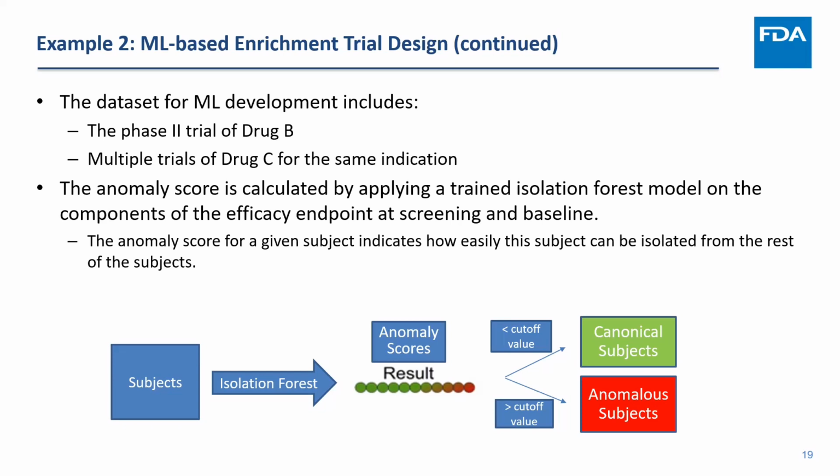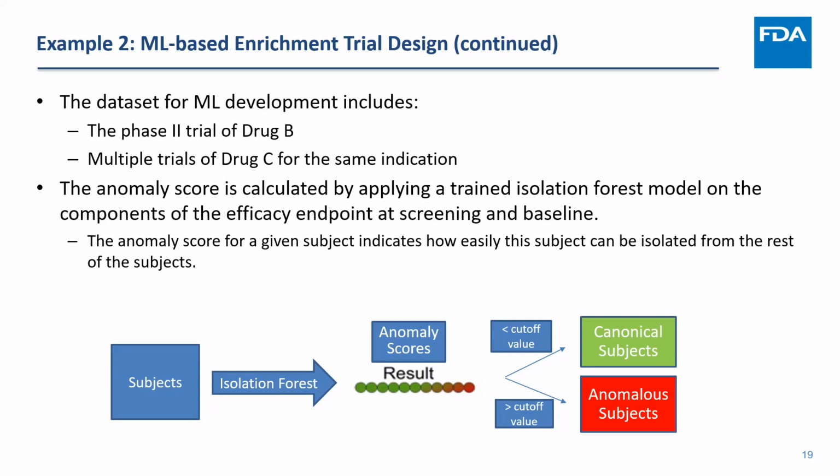We expect their efficacy endpoint to be very similar. And the primary endpoint has 10 components, 10 items. So if this patient is normal, we can expect their structure should be very similar because they only have 10 days difference.